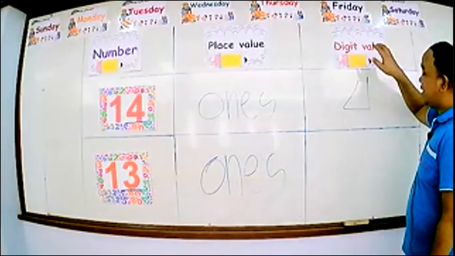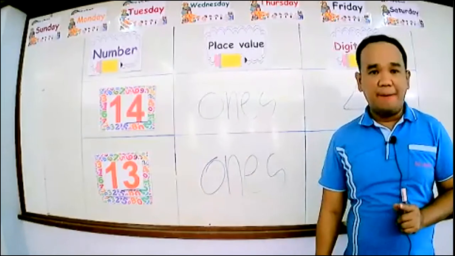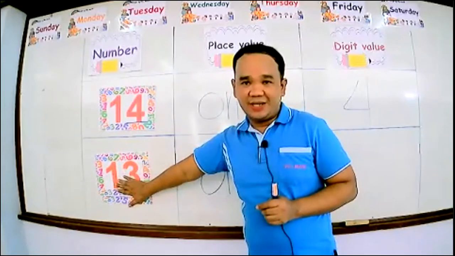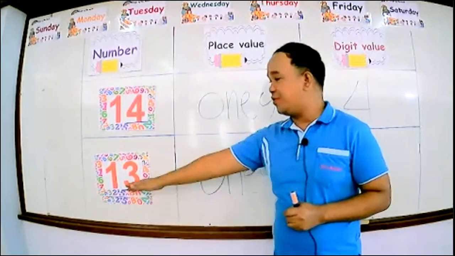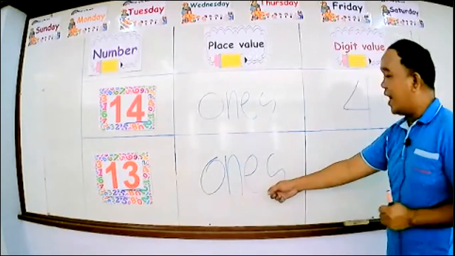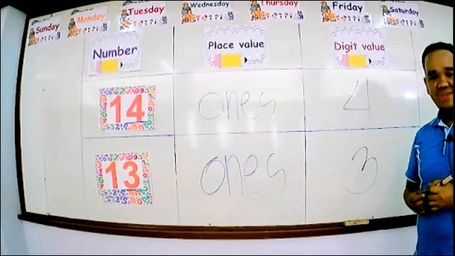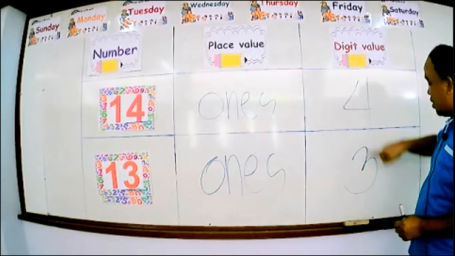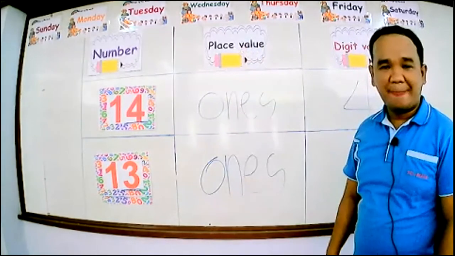And what is the digit value of ones in the given number, which is 13? Since our underlined number is 3, therefore the digit value of ones is 3. Okay, so that is our digit value and place value.